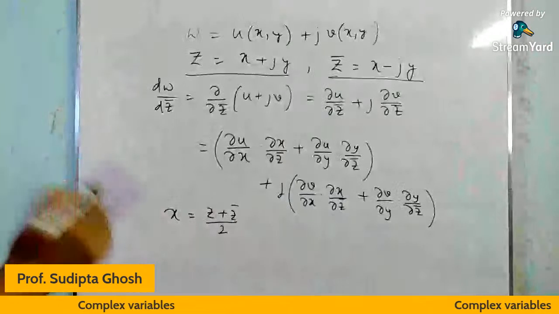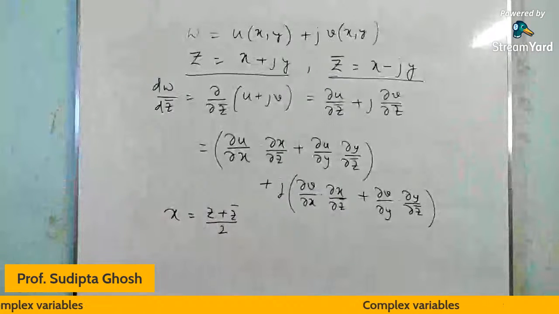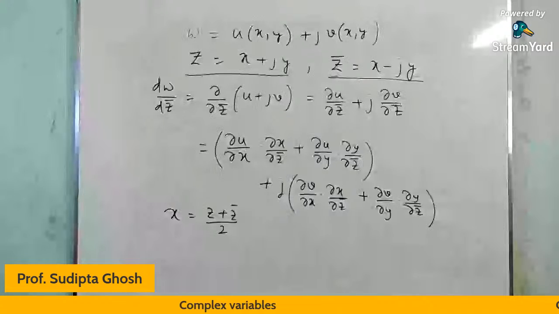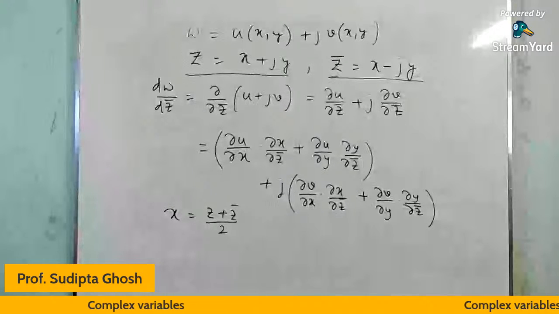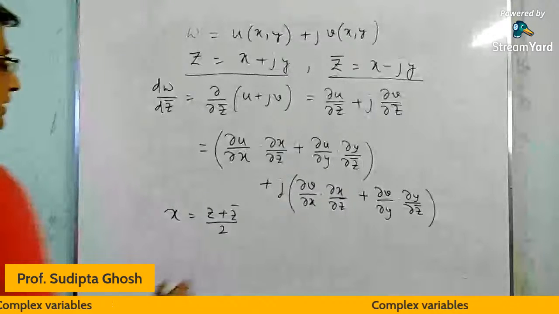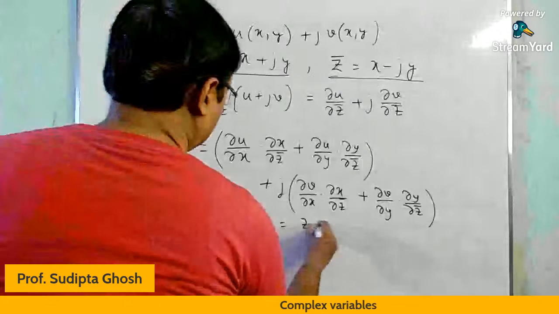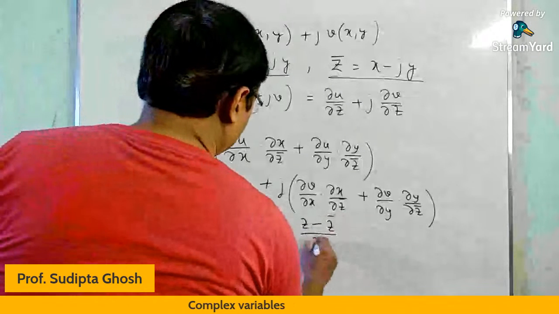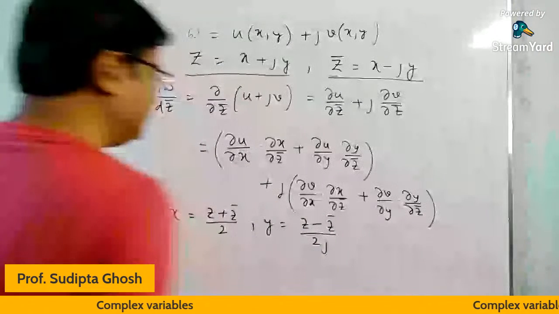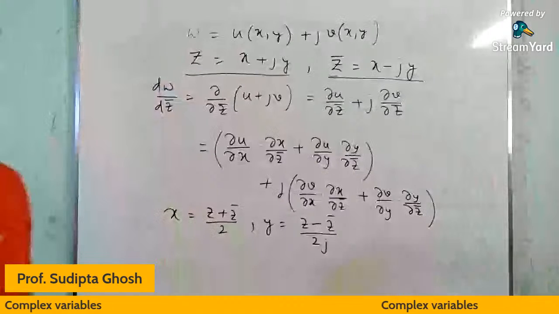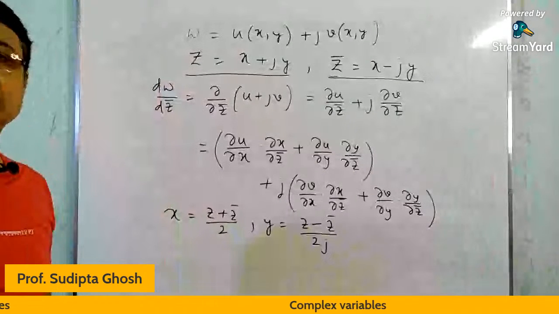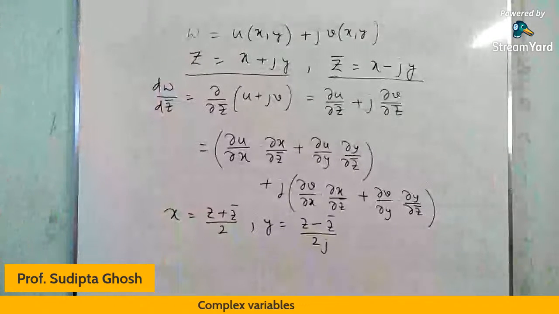And subtracting these two equations, we get twice jy equals z minus z prime. That means y equals (z minus z prime) by 2j. So from these two equations, we calculate the values of x and y.